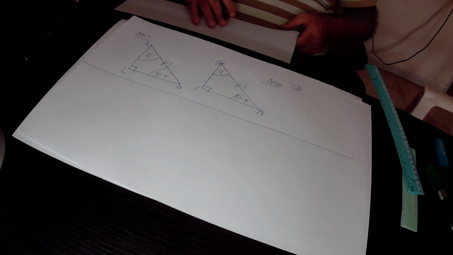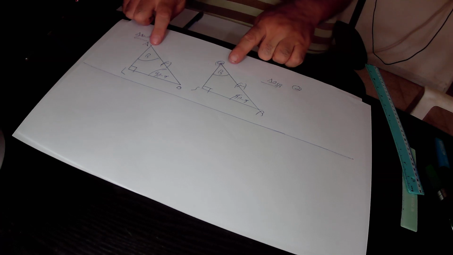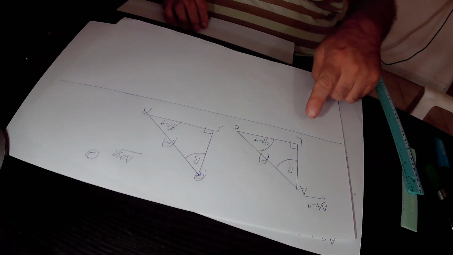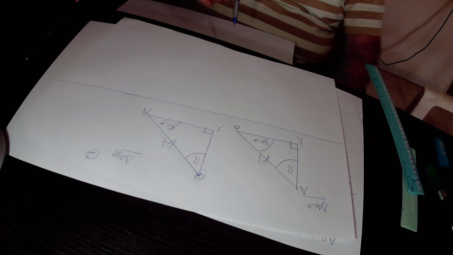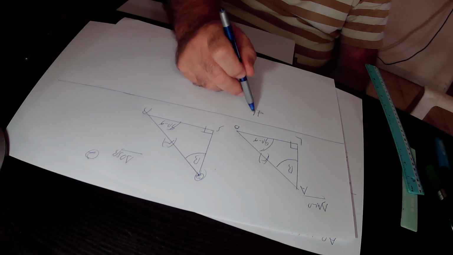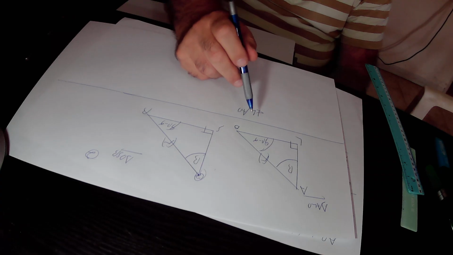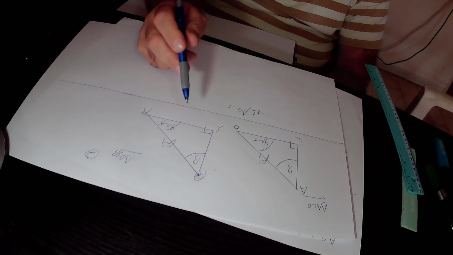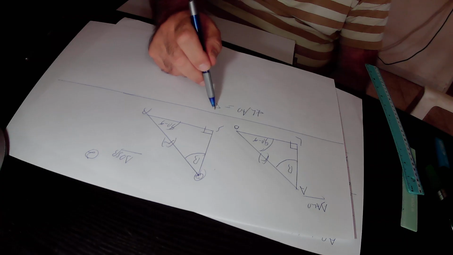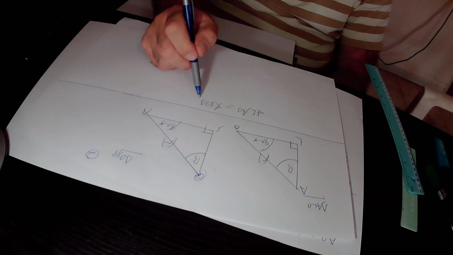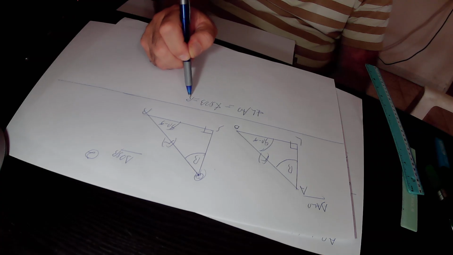So why can those two right triangles be congruent? First of all, in the right triangle ALO, this angle is equal to this angle in the triangle OSB. They're both equal to beta and therefore they're equal to each other.